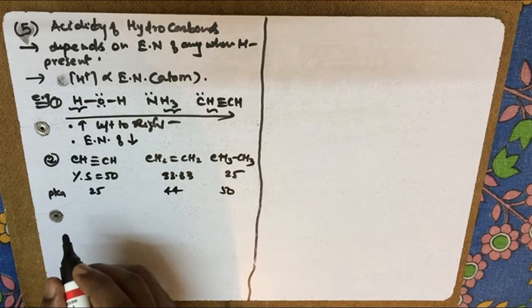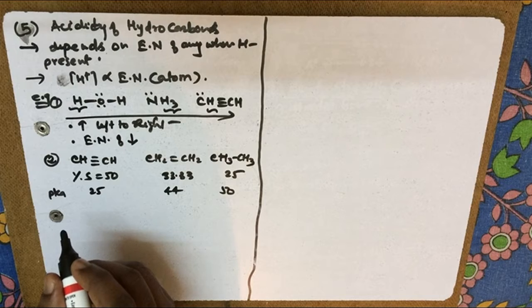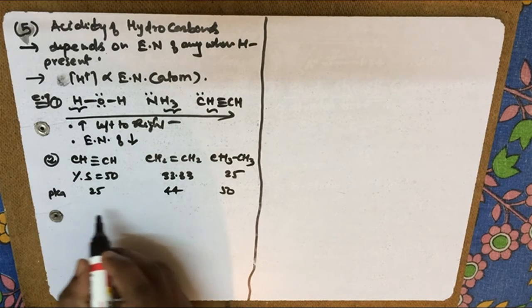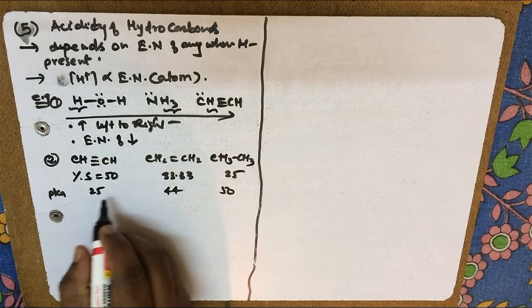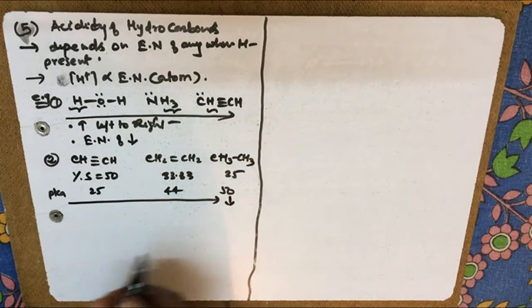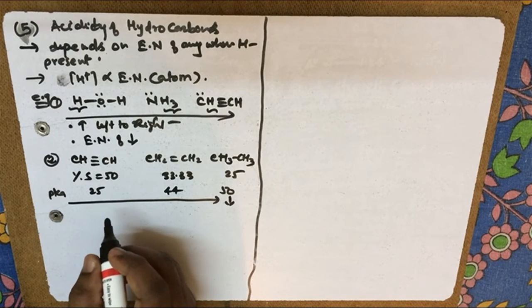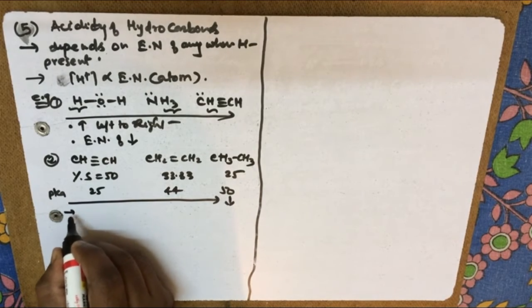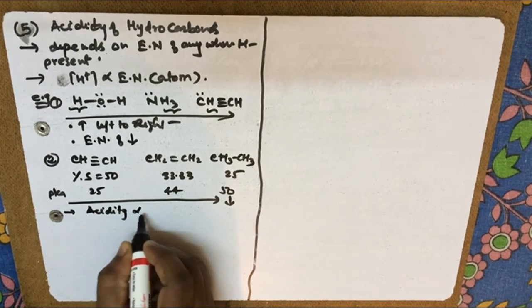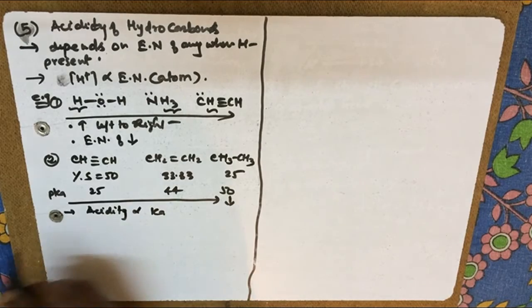So here your S character is decreasing from left to right, and acidity is basically proportional to the Ka value.